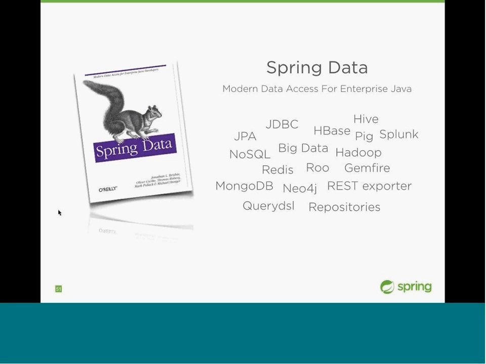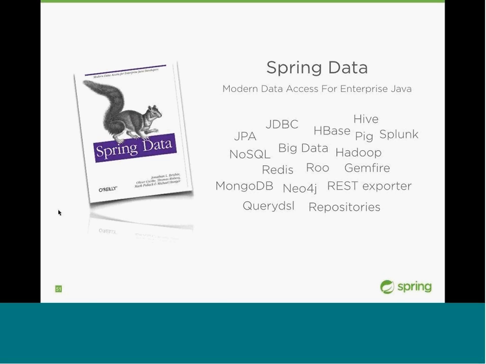If you want to know more about this, I recommend you have a look at the Spring Data book we wrote with O'Reilly. It also has a lot of sample code and takes a look at all the technologies listed here and evaluates and discusses in which situation these are used best and which requirements are best implemented with which store or which technology.